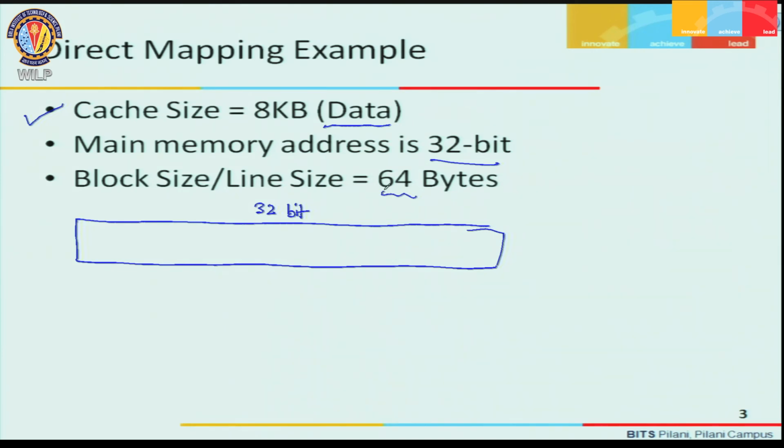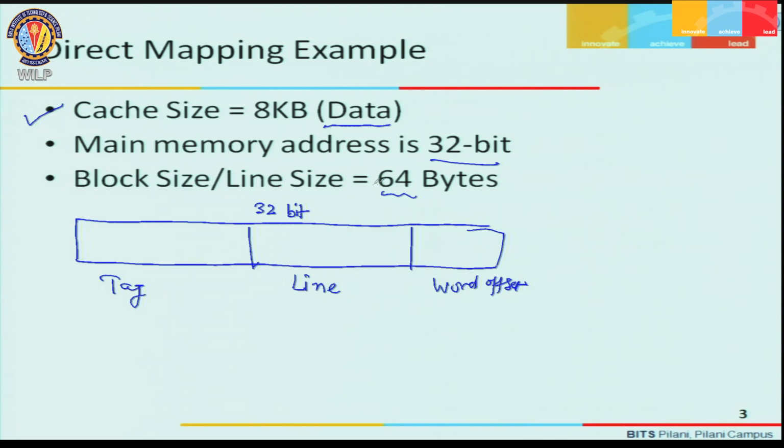So, in a direct mapping, the processor generated address is divided into 3 parts. One part is the word offset, the second is the line offset or line, and the third part is the tag. So, these 32 bits have to be logically divided into 3 parts to identify the data in the cache memory.